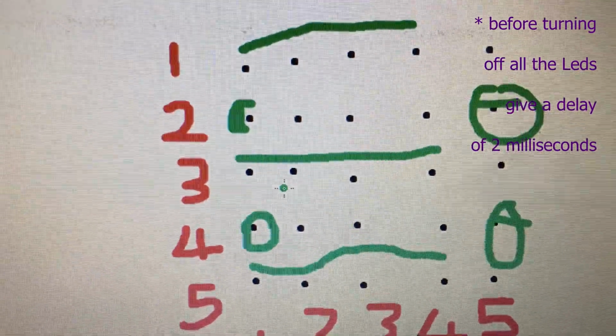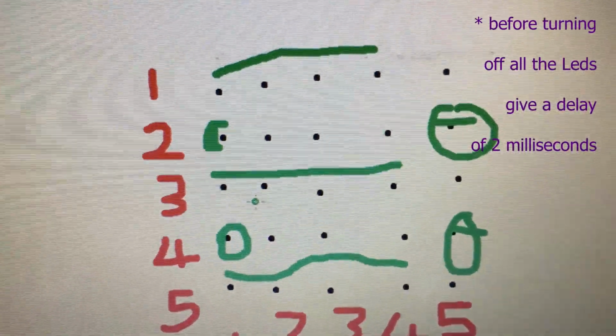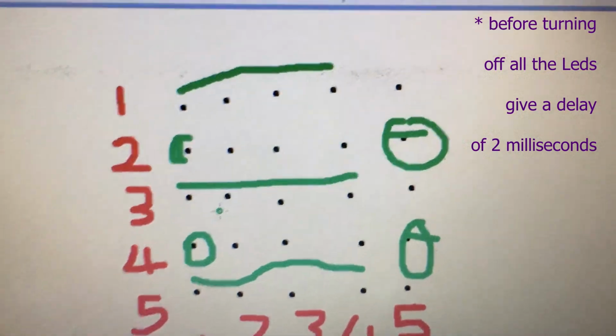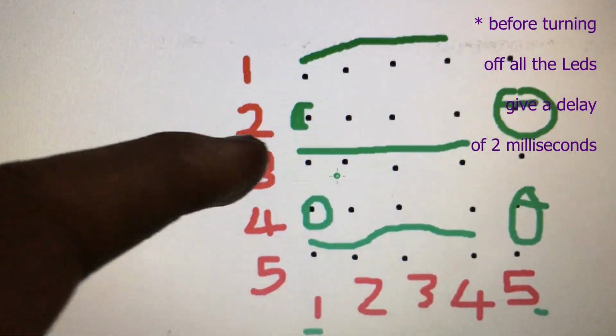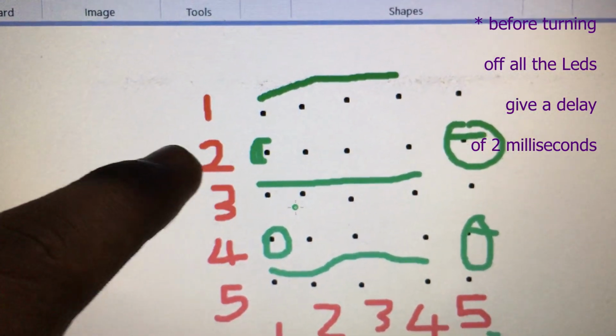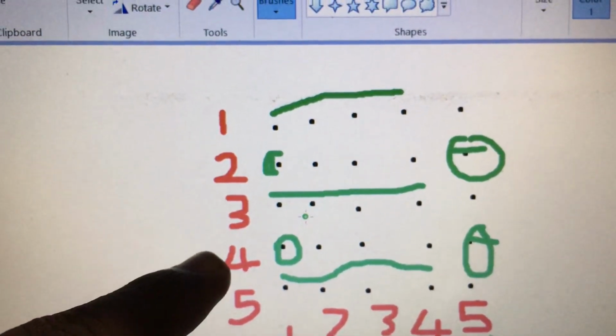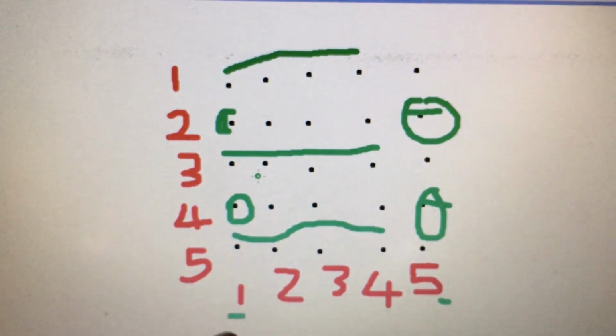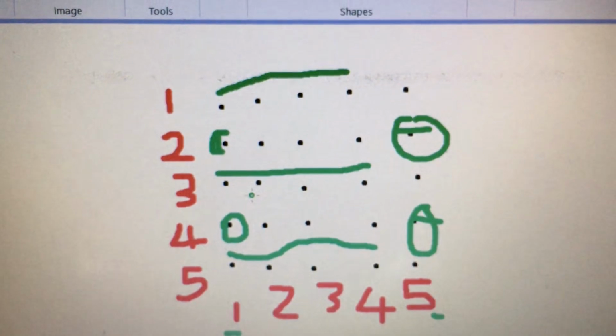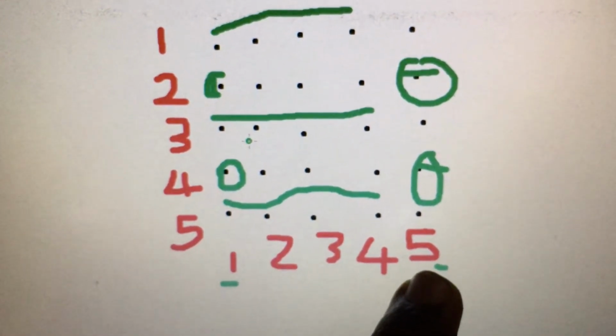Then we are giving a small delay function, like some 5 milliseconds or 10 milliseconds. After that, we are turning on row 2 and row 4. Okay guys, then we are turning on column 1 and column 5.